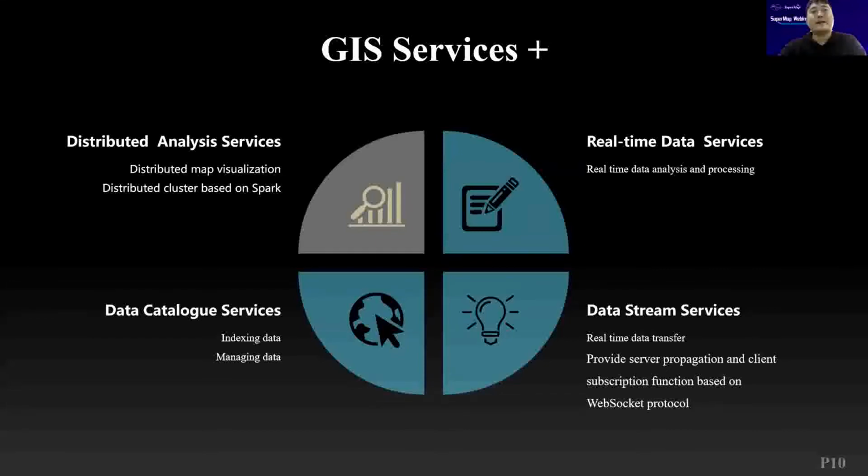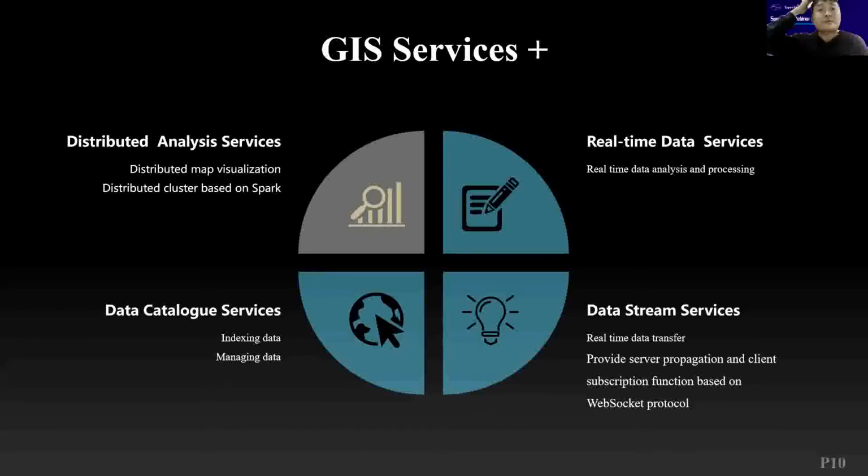The function is similar to the earlier ones, such as overlay analysis, where we want to get the union area of two datasets. But if the data is too big, then the traditional spatial analysis service is not enough to meet our requirements. At this time, we need to use the distributed analysis service. This one is based on big data technology, and there will be one master node and some child nodes.